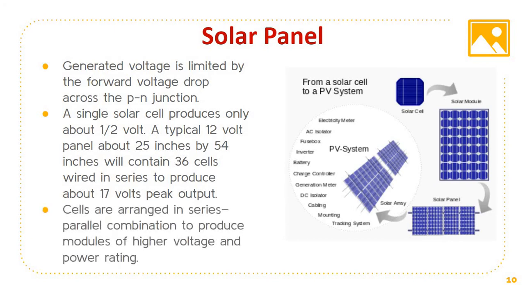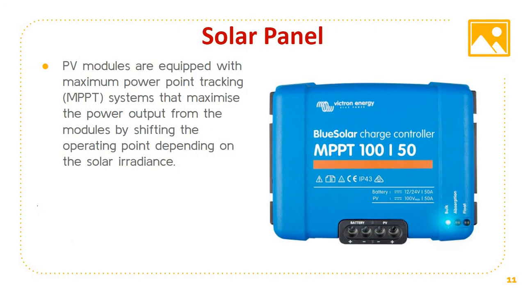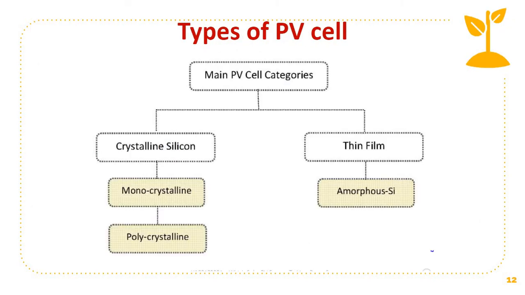Cells are arranged in series parallel combination to produce modules of higher voltage and power rating. PV modules are equipped with maximum power point tracking systems that maximize the power output from the modules by shifting the operating point depending on the solar irradiance.